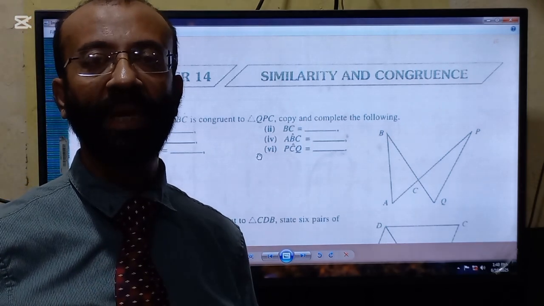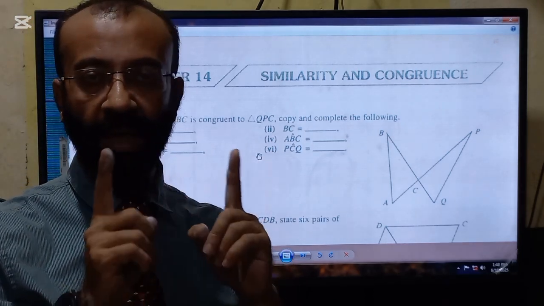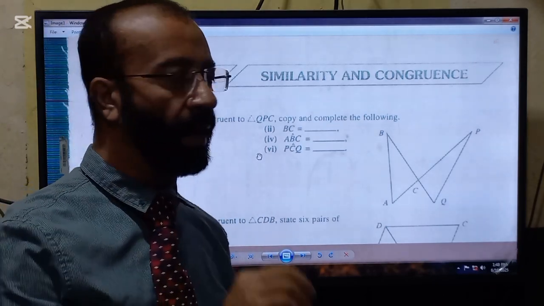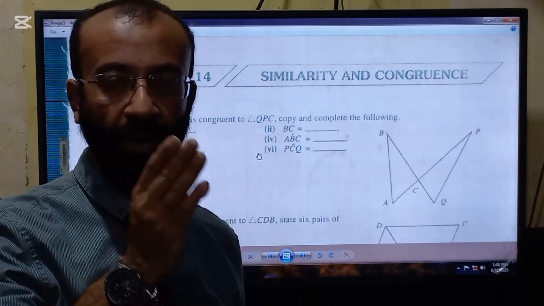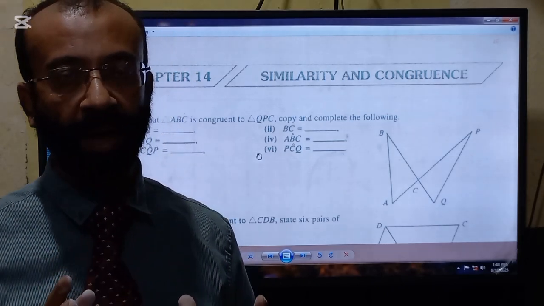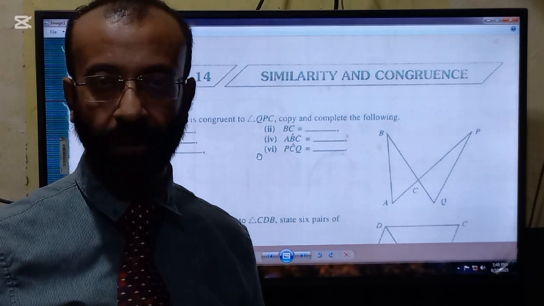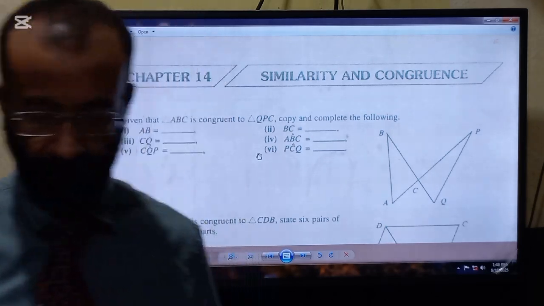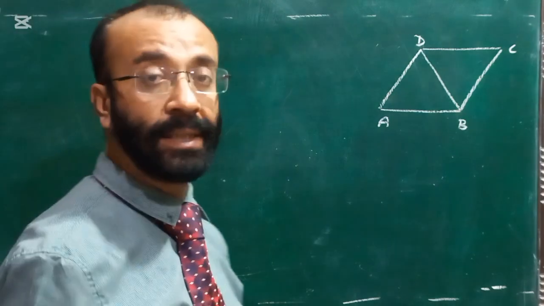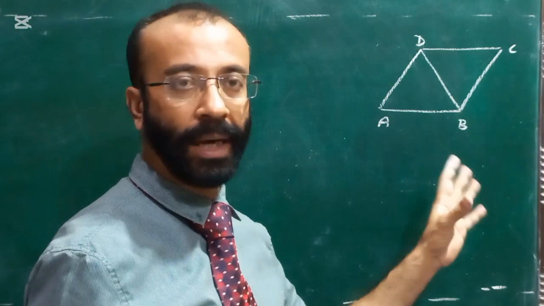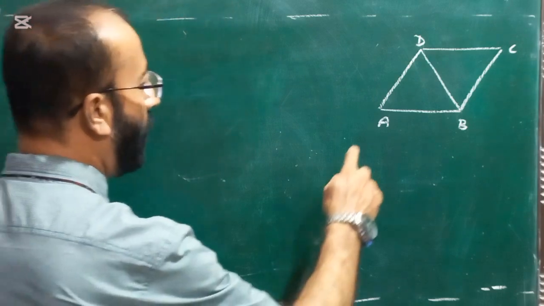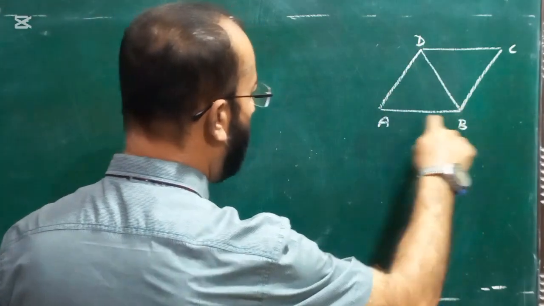You only have to be careful about the corresponding sides and corresponding points, because the pattern which you follow in one figure, you have to follow the same pattern, same path in the second figure also. This is the main thing. Here is a question and it is stated that these two triangles are congruent. So look now first, DBA.